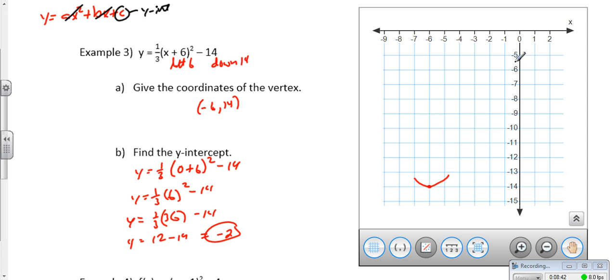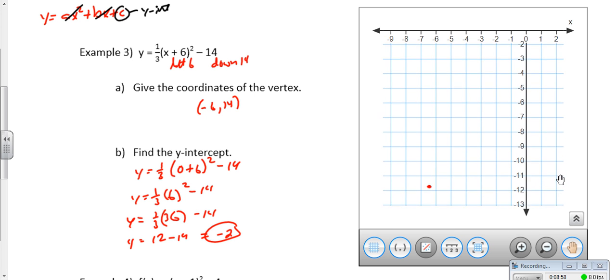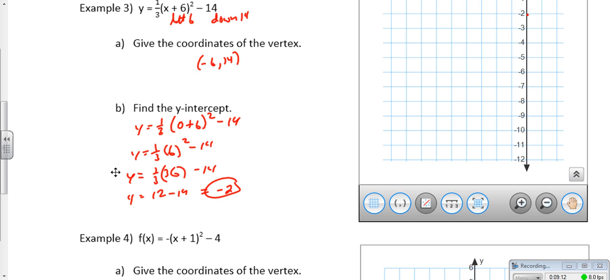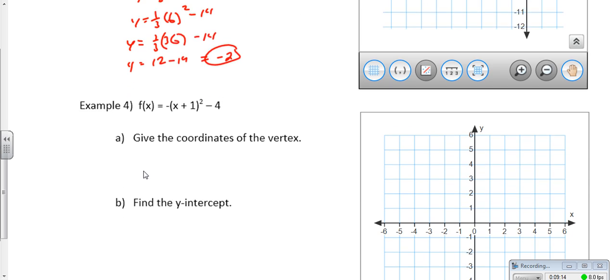So on the graph, our y-intercept would be -2, which would be up here somewhere. So if we take our graph, -2, our y-intercept would be up here. Again, this is wrong though, because that's not where our vertex is. So a little bit more work in terms of finding the y-intercept than in standard form, but the vertex is quite easy.